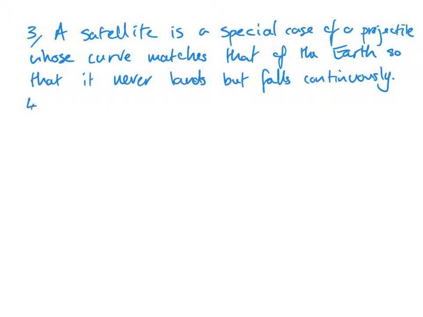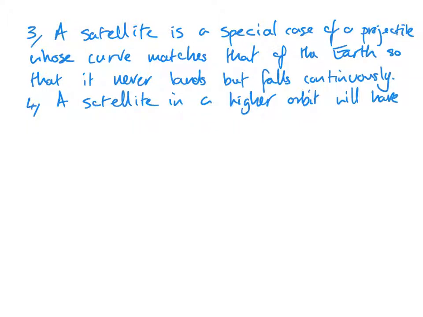Okay, so number 4. A satellite in a higher orbit will have a larger period, which is our time of orbit, similar to the period of a wave, which is the time for a wave.